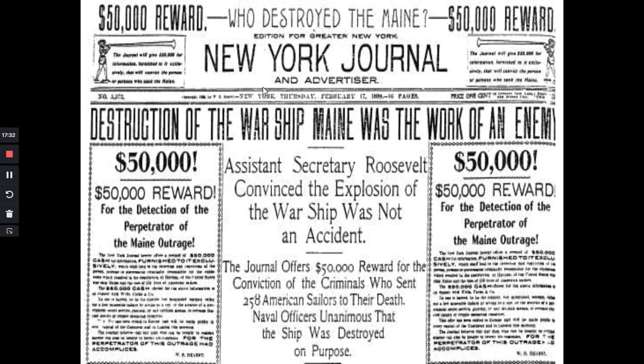As you can see, this is the New York Journal. And notice it says Assistant Secretary Roosevelt, that's Teddy Roosevelt, convinced the explosion of the warship was not an accident. The Spanish did it. We got to go to war. And what it turns out, unfortunately, and I don't know why they did this, but back then, of course, a lot of those engines and those big ships were operated by steam and by boiler rooms.